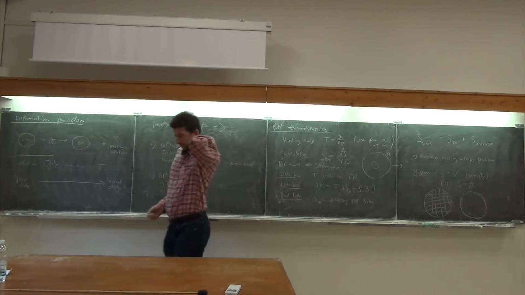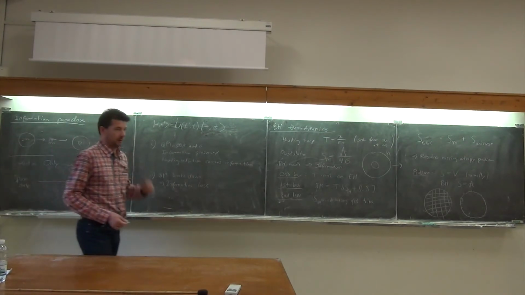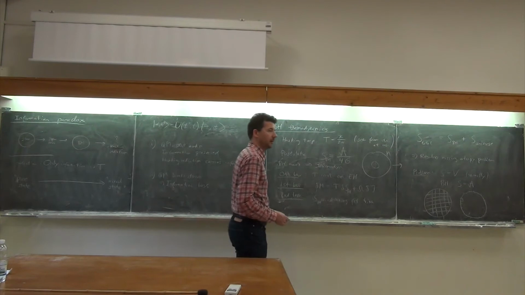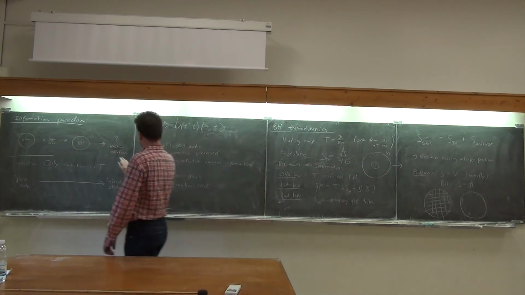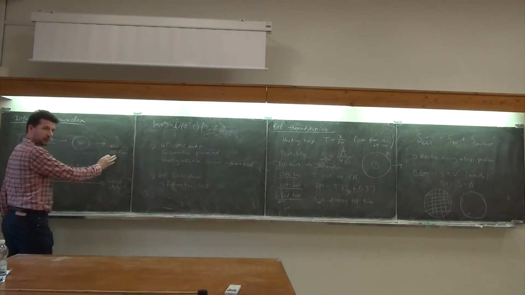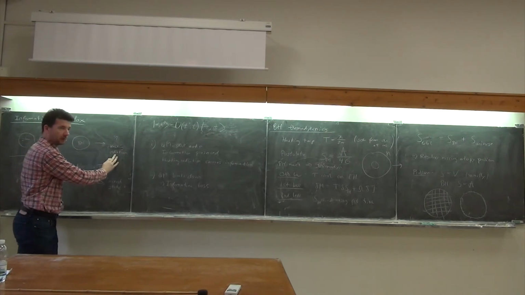Yeah. So in this first scenario, it means that after the whole evaporation of the black hole, you will have a pure state here? Yeah. Well, not according to Hawking. According to Hawking, this would be a mixed state.